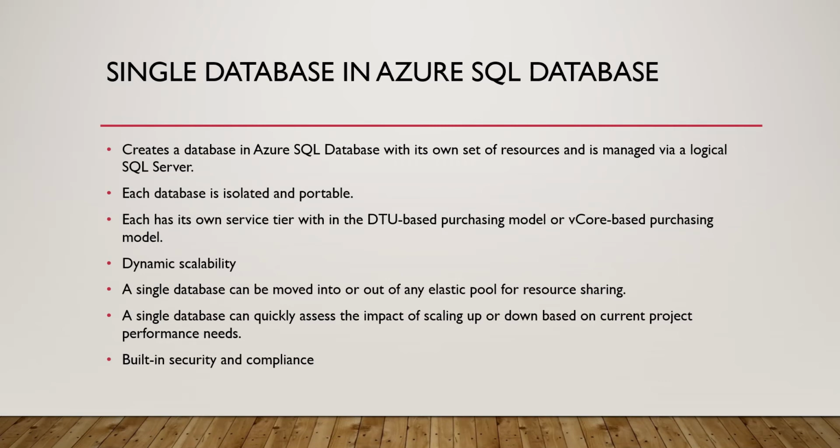In terms of availability capabilities, single databases and elastic pools provide many availability characteristics. The availability characteristics are automatic backups, point-in-time restores, active geo-replication, auto-failover groups, zone redundant databases, and built-in intelligence.